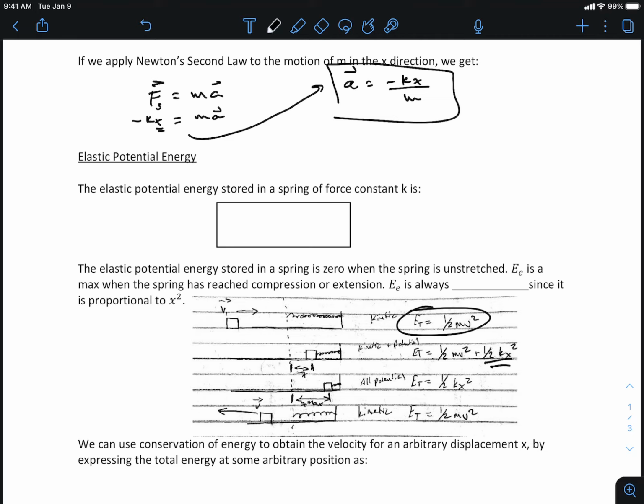I just got talking. We see what the potential energy for a spring is. And I'll write that back in the box now. We're going to see that the potential energy, you could even call it ES, is equal to 1/2 kx squared.